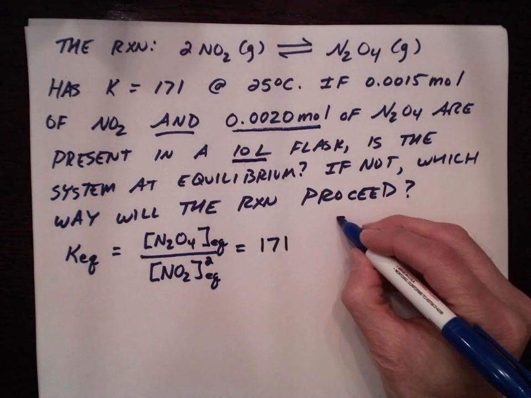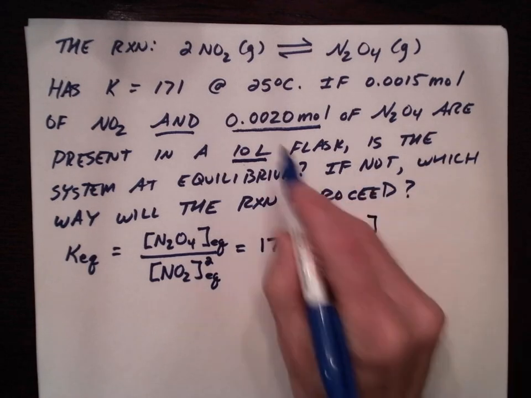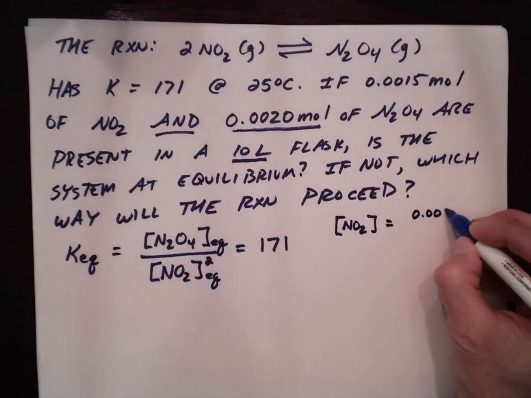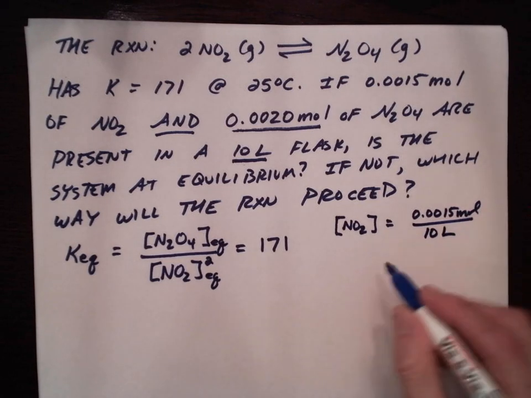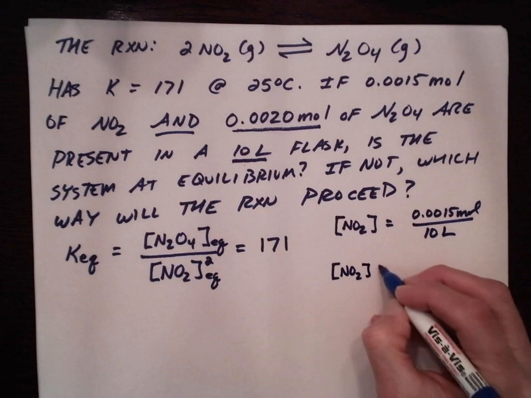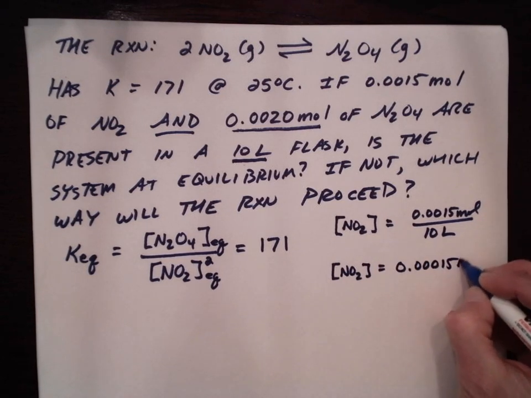So let's see, my concentration of NO2, given the conditions initially in the flask, that's going to be 0.0015 moles over 10 liters. If we run the math on that, the concentration of NO2 is going to be 0.00015 molar.